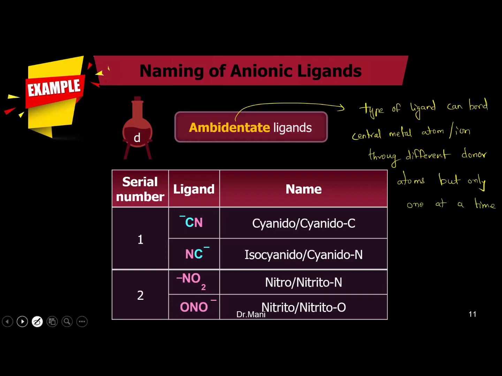Remember this. These groups usually contain multiple binding sites. They will have multiple potential binding sites. You can see the example here. Suppose CN minus and NC minus. C triple bond N, here carbon is binding, or N triple bond C. In one case the binding happens through the carbon, in the other case through the nitrogen.